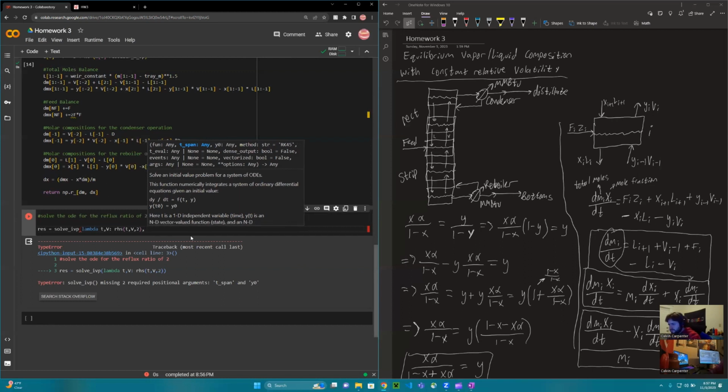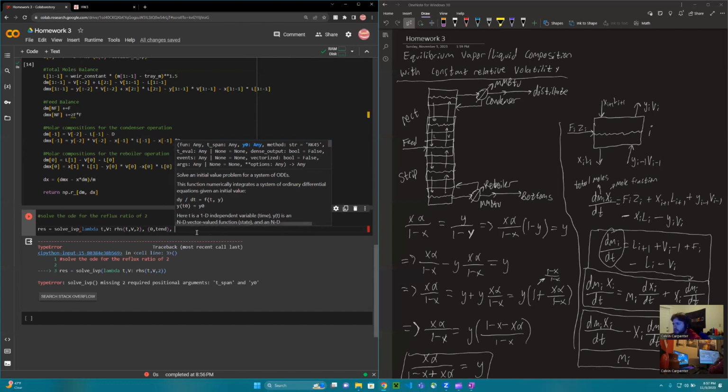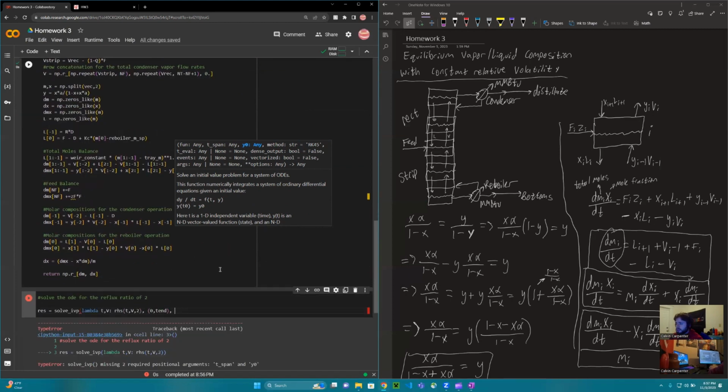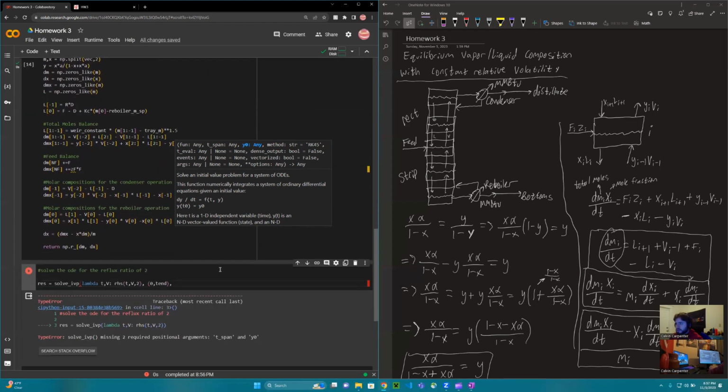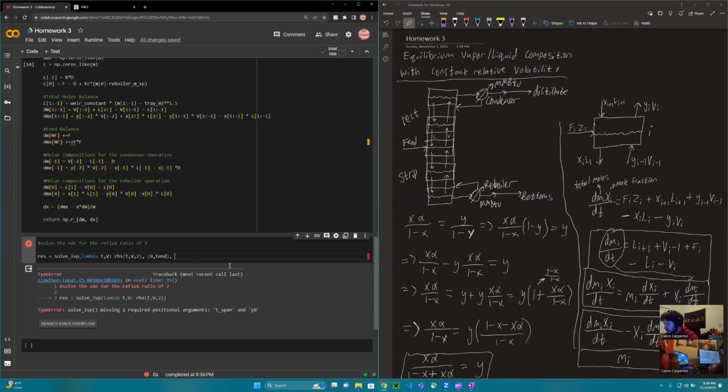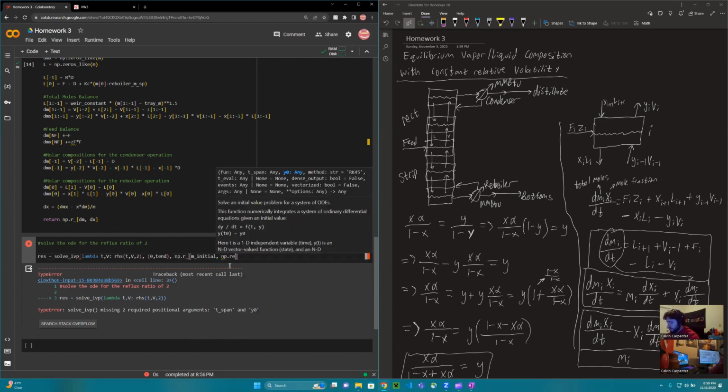Okay, 0, comma T end, close parenthesis, and then our initial Y value, which is P dot R underscore and initial, comma, and P dot repeat.